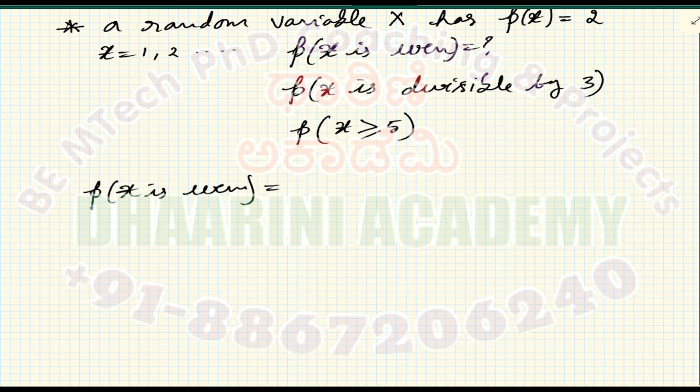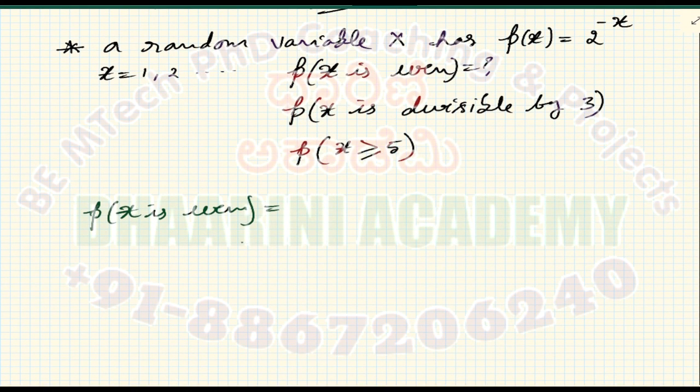It's 2 to the minus x, the given function. Even means I have to add all the probabilities of the even values. So I just write the summation, x being even, till infinity, because the upper limit is not mentioned, it can take any value.